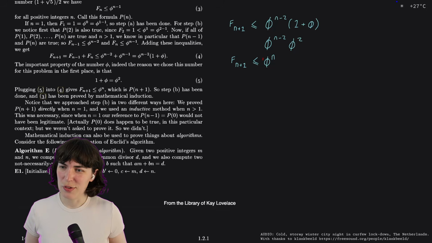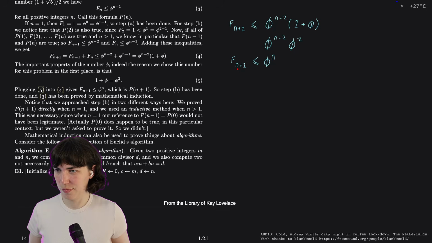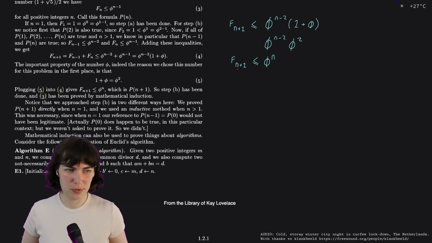Plugging 5 into 4 gives this thing, which we've just seen, which is Pn plus 1. Is it now?